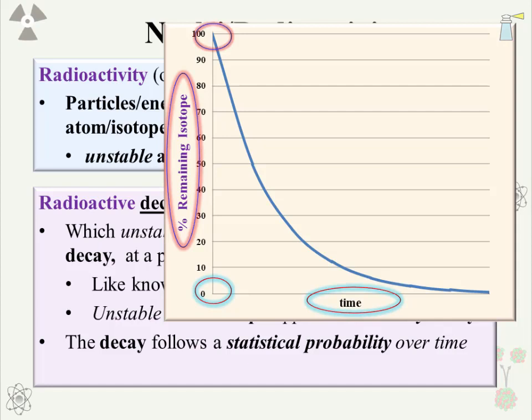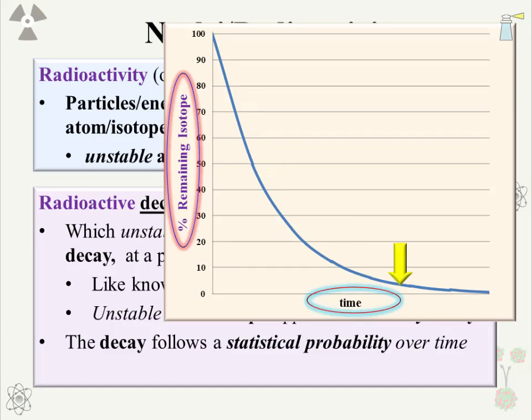It's like that bag of popcorn. At time zero, 100% of the kernels are unpopped. As time goes by, more and more of the sample undergoes decay. The percent of isotope that is not decayed, that still remains, decreases. It does so in an exponential manner.